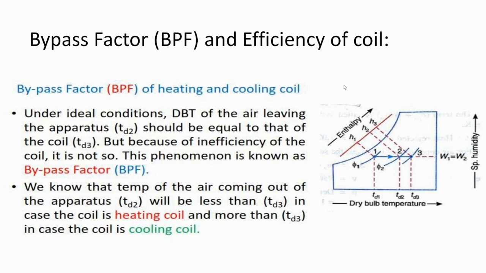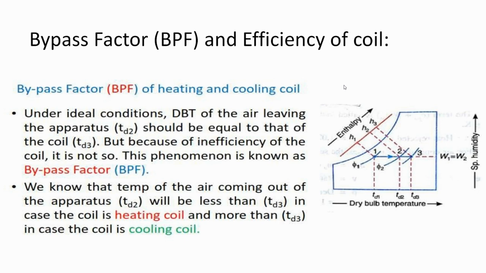Apparently, the temperature of air after leaving the coil should be the same as the coil temperature, which is TD3. But it's not, because there is some loss, and this loss is called the bypass factor, because there is a difference between the outlet temperature and the coil temperature, which is denoted by the bypass factor, or we can calculate it by the bypass factor.